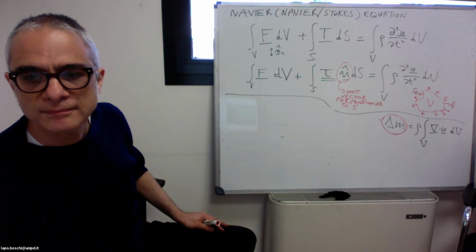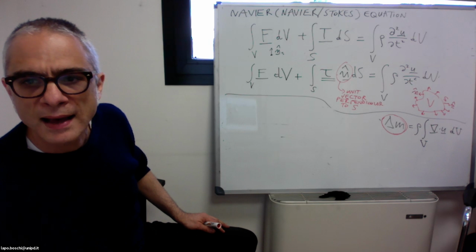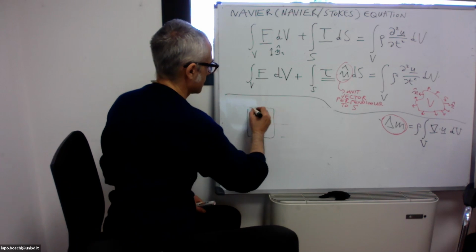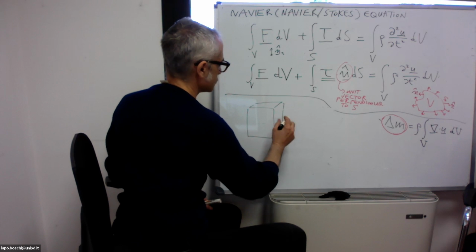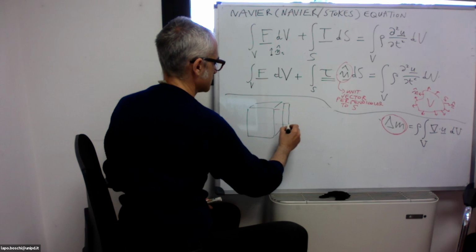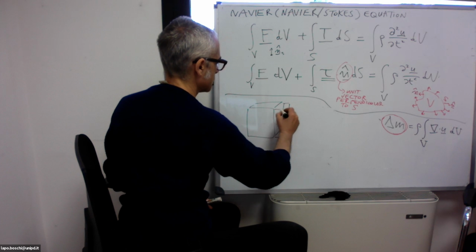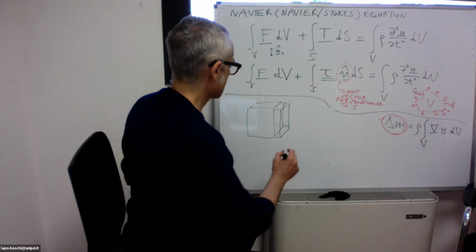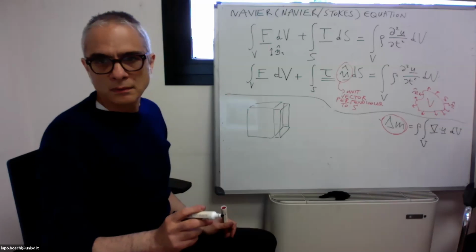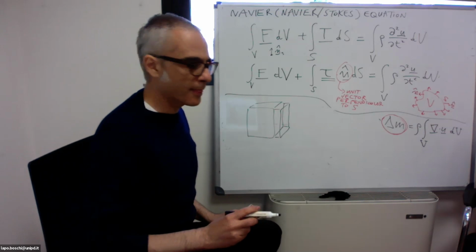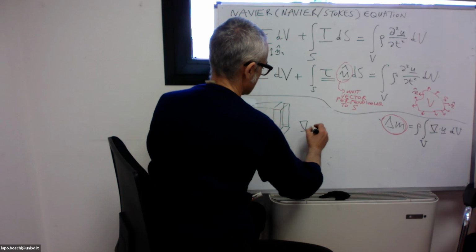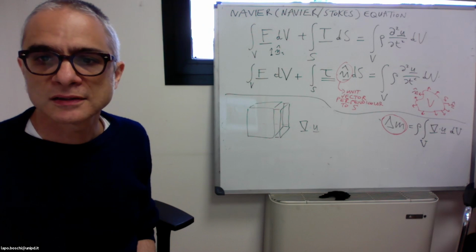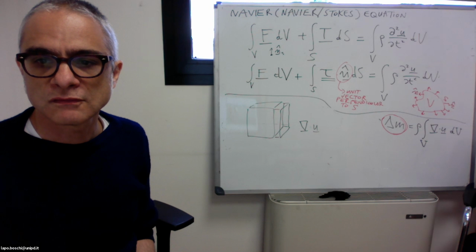Remember how we wrote a change in volume in our box, in our simple box configuration. It was the divergence of U. That's the relative change in volume.